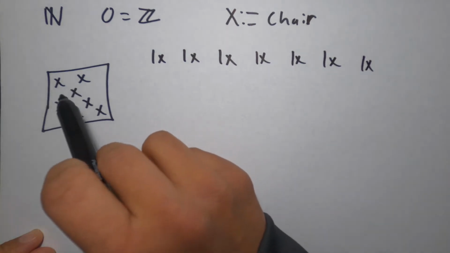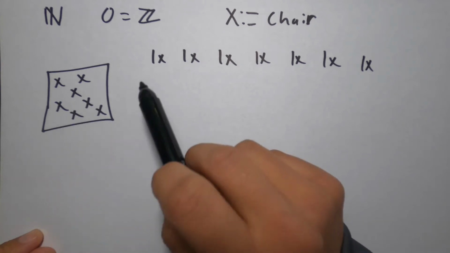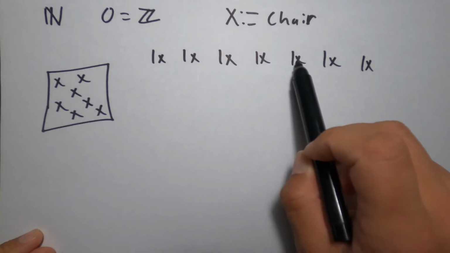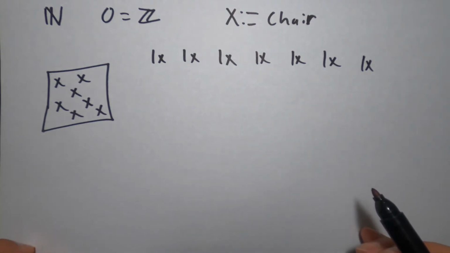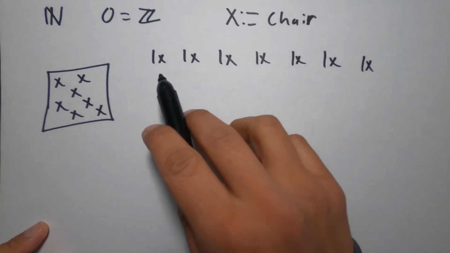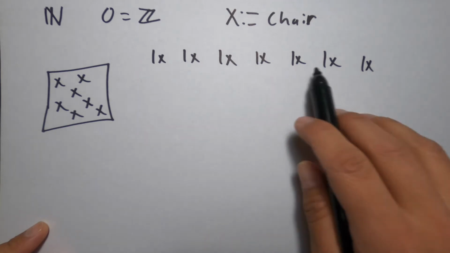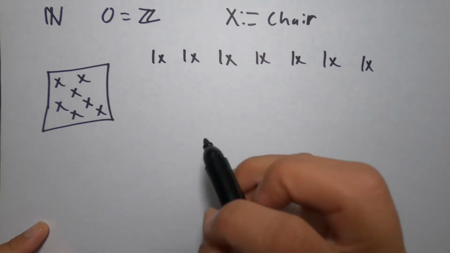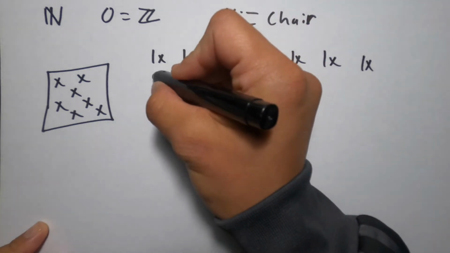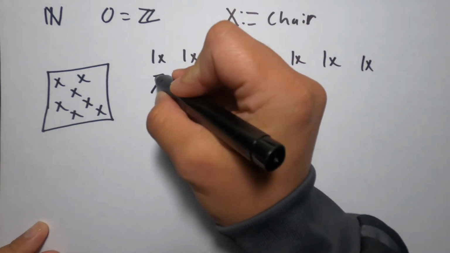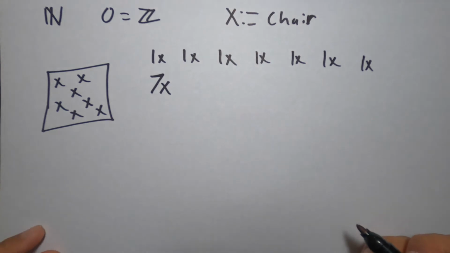So that's 1, 2, 3, 4, 5, 6, 7. 7 chairs. So an easier, shorter way to write this is we can use the symbol that represents 7. The symbol that represents 7 is this number there.